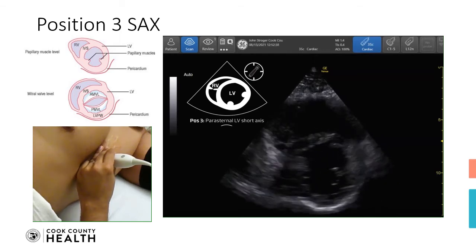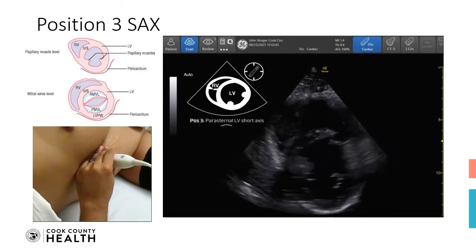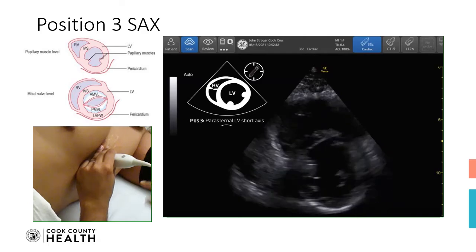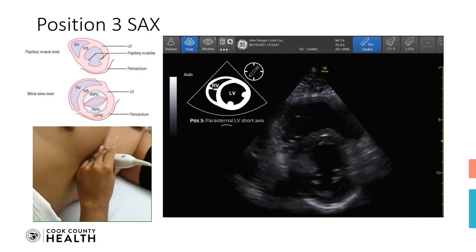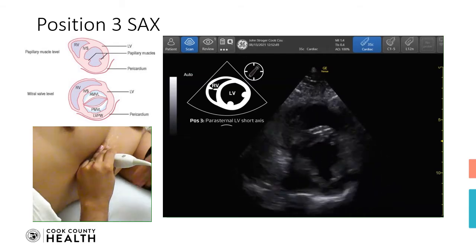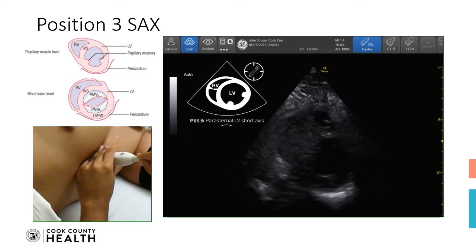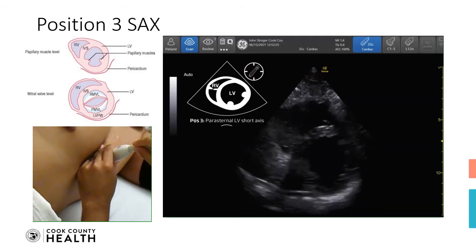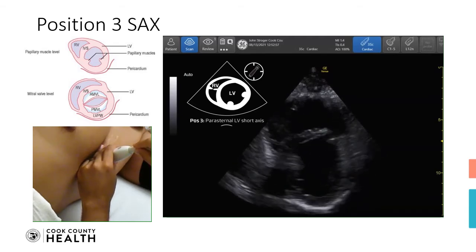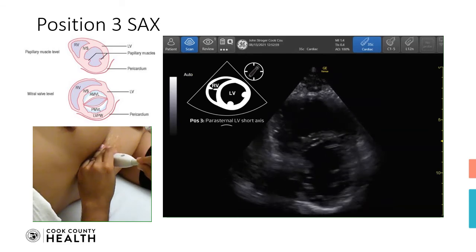So now, when I tilt the probe with the tail going towards the right shoulder, which is like looking down towards the apex, we're going to look at the apex right there from the mid-papillary level.